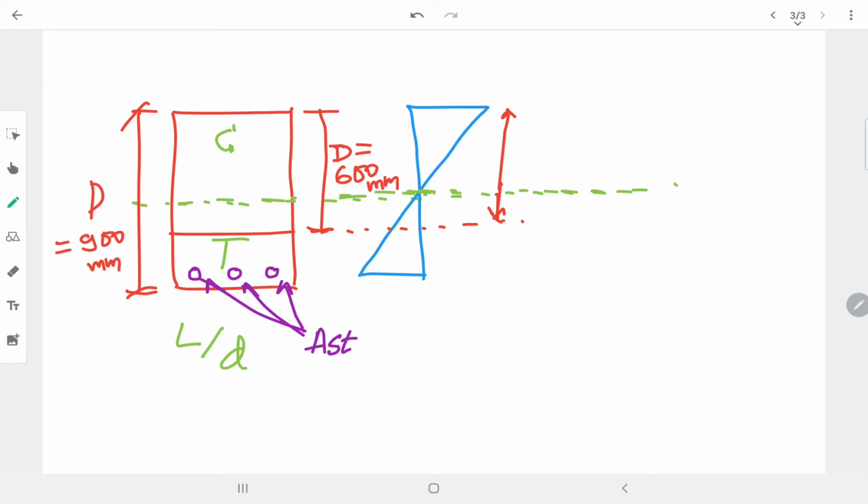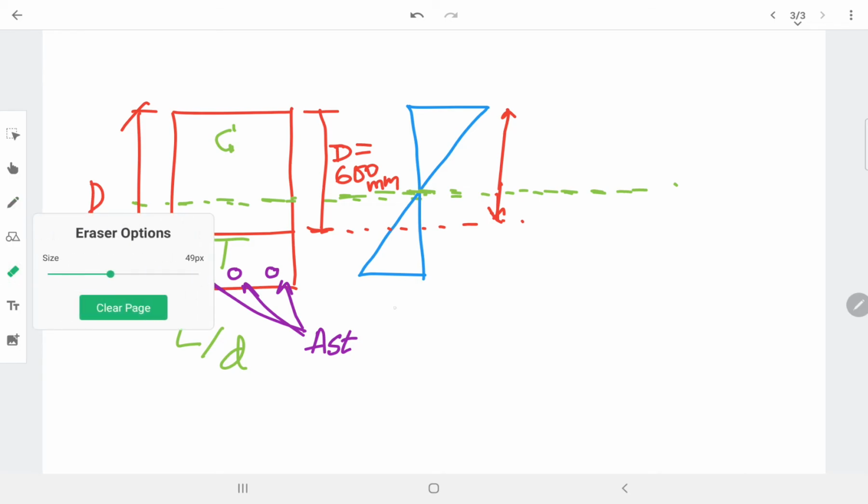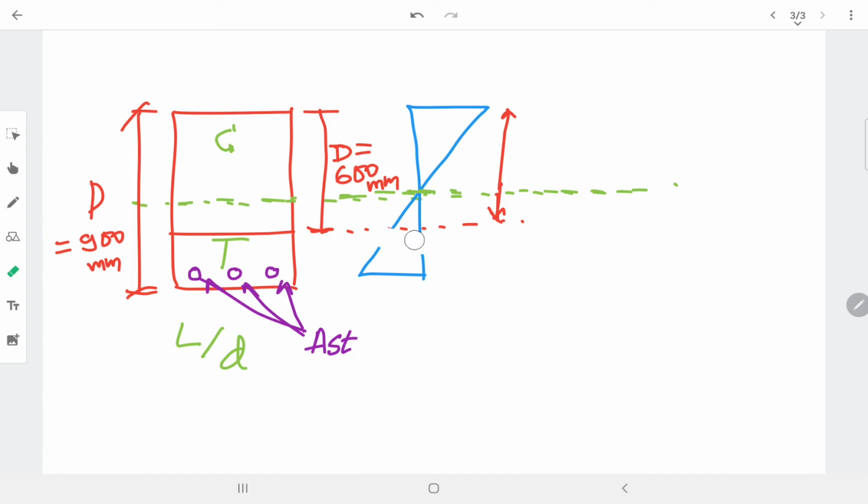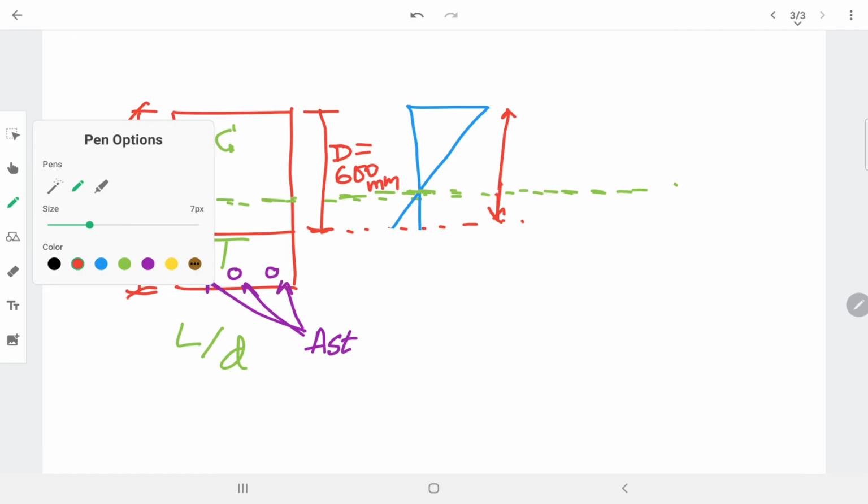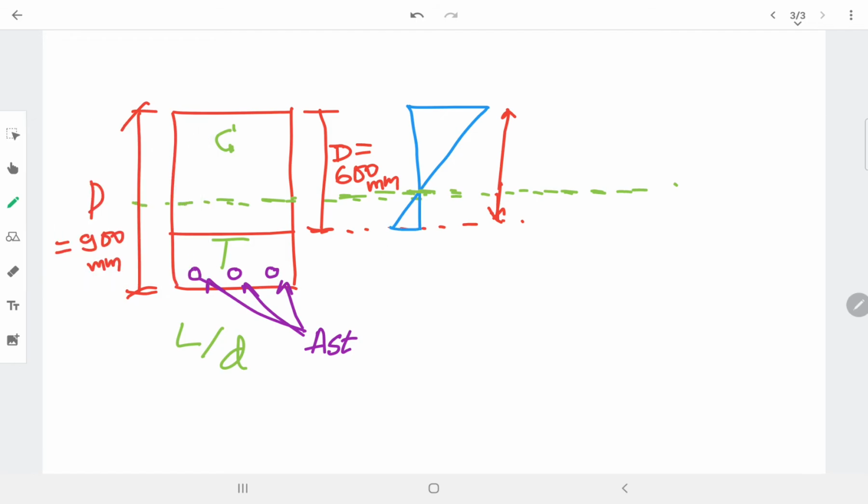If it is a doubly reinforced beam, the strain diagram will modify in this manner. The stresses are well within the limit, but the strain is increased because of the reduction in the depth. Obviously, if you reduce the depth of the beam, the area will also reduce.